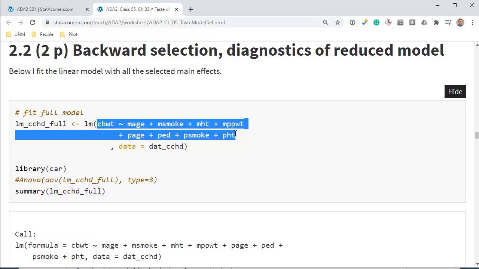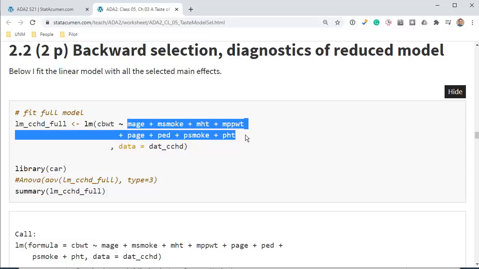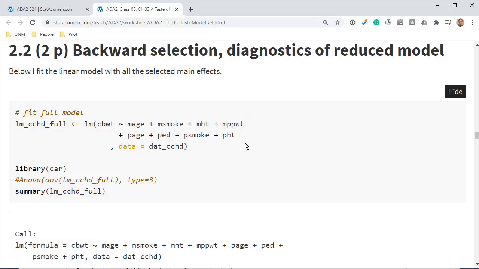And the only real difference between the full model, which fit the data, and the reduced model that still fits the data is that we have a simpler model, but it still explains most of the variability that the full model also did. All right, so that means that we're going to fit the full model and check model assumptions first. So here's the child's birth weight, related to all the other ones.